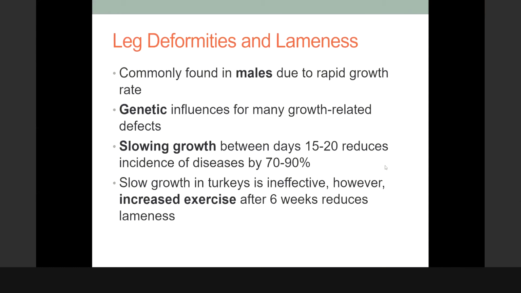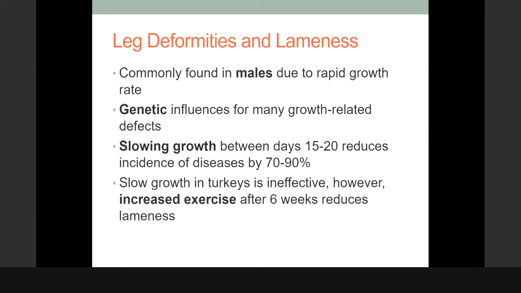Okay. In general, the leg deformities and lameness of poultry or avian in general are commonly found in males due to their rapid growth rate. Deformities and lameness have been increasing because of genetic selection.